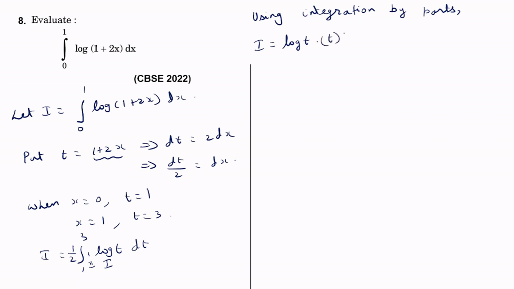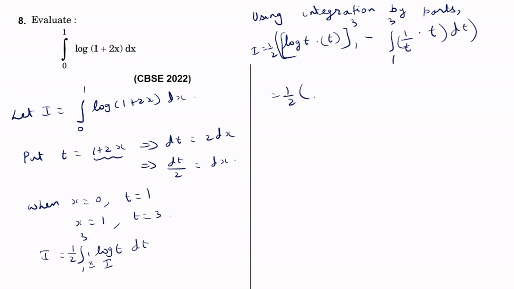So it is log t into t with the limits 1 to 3. There is 1/2 outside. Minus integral 1 to 3, derivative of the first function, derivative of log t is 1 by t, into integral of the second function, which is t dt.